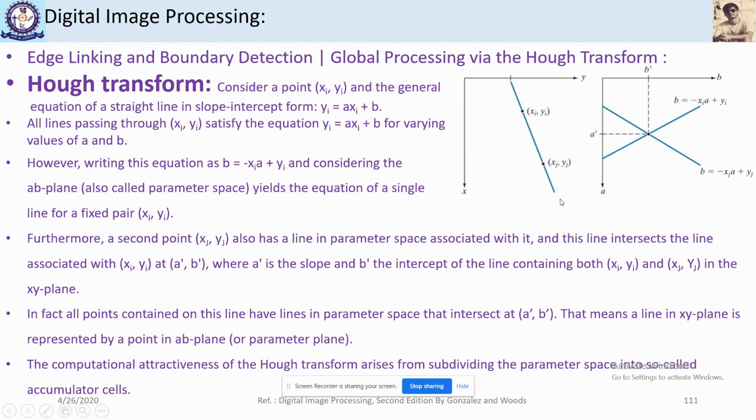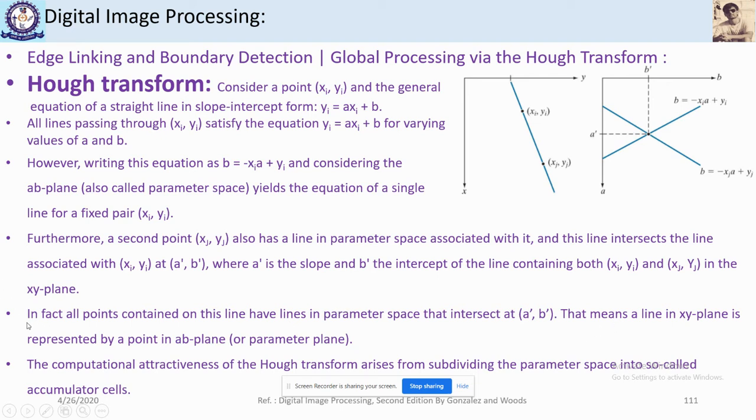That means a line in the xy plane is represented by a point in the parameter plane, that is this point a', b', and a point in the xy plane is represented by a line in the parameter plane. So this is how we perform the Hough transform, and we take the point into a straight line in the parameter plane.